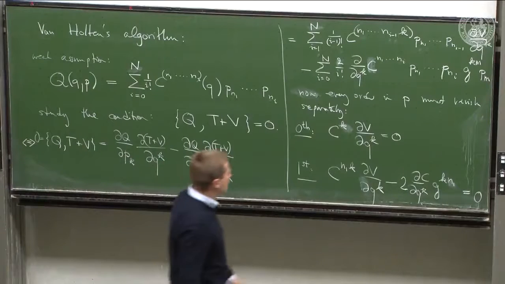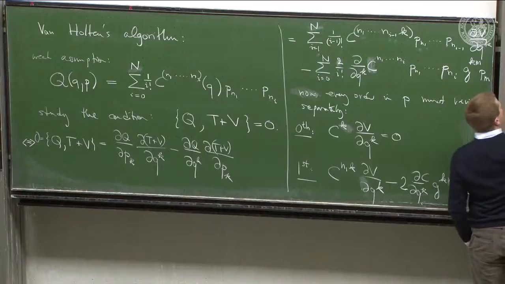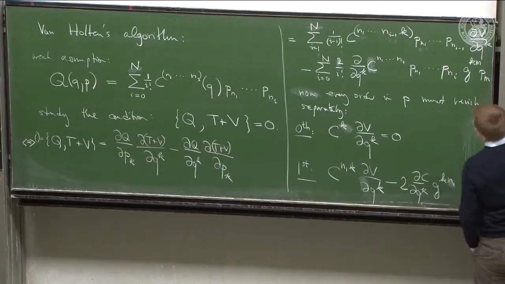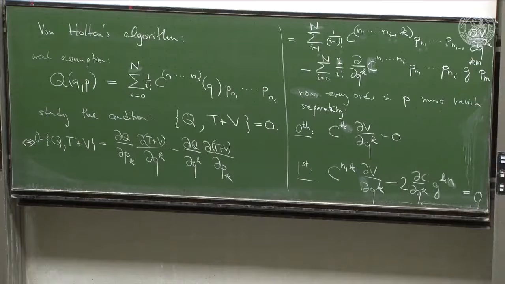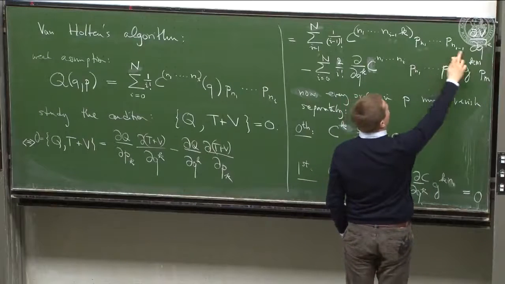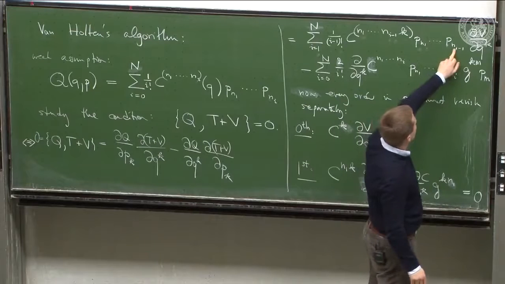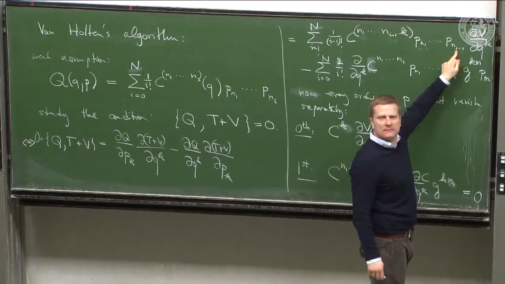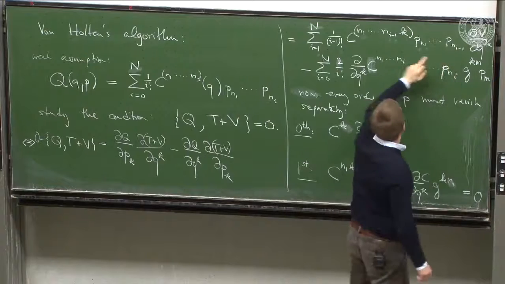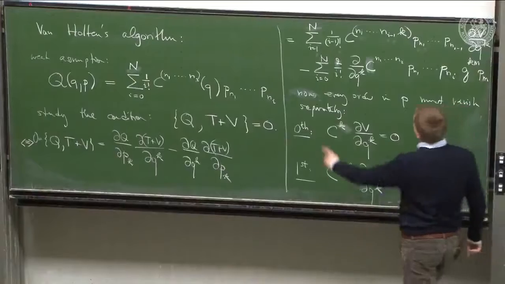So let's write down, in general, the nth order. And let's try to be careful. So that means we want to pick up the terms where we have n P's. Well, we have capital N P's if the I is n plus 1 in this first term. So I is n plus 1, so we have 1 over n factorial.